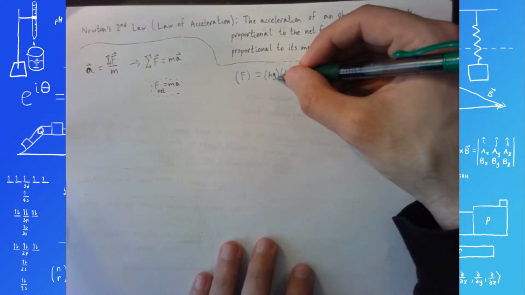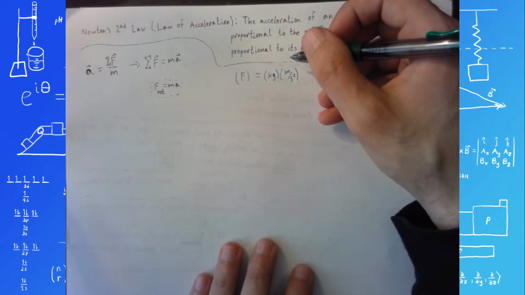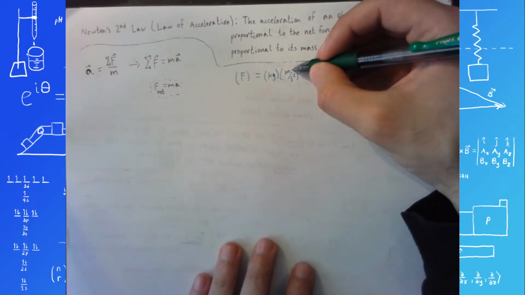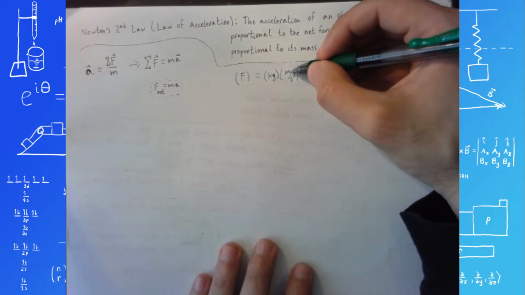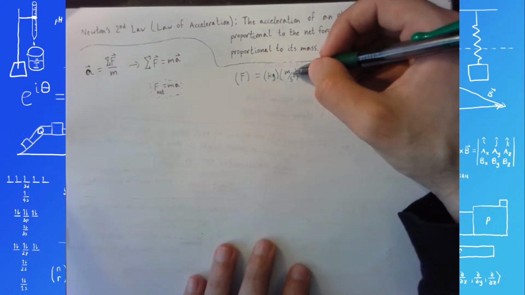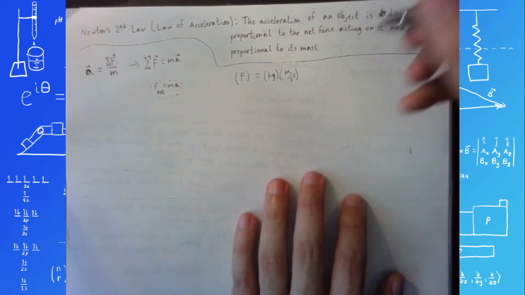If the mass is not in kilograms, if you're given mass in grams, you're probably going to have to convert it to kilograms in most situations. And same idea for acceleration. If it's not in meters per second squared, if it's in miles per hour squared or whatever, you're going to have to convert that, most likely.